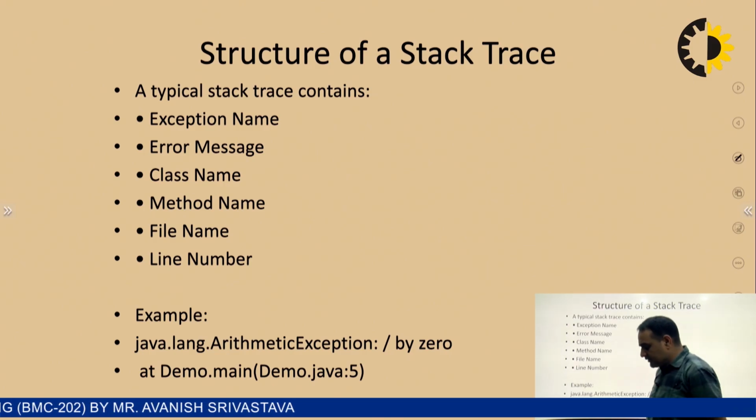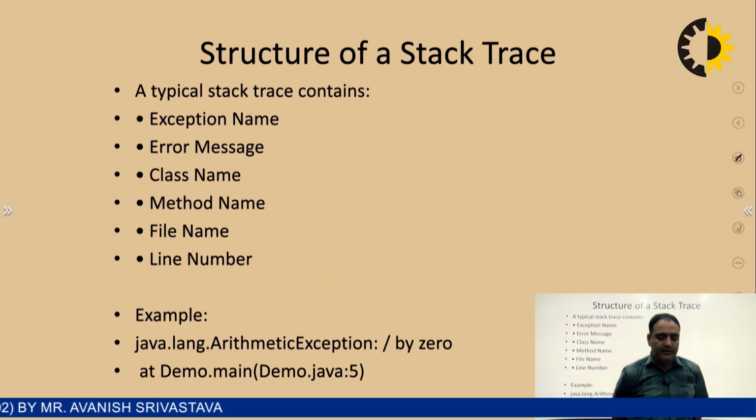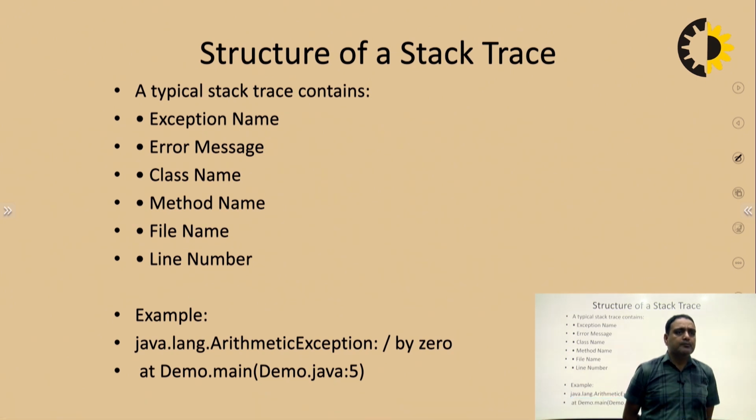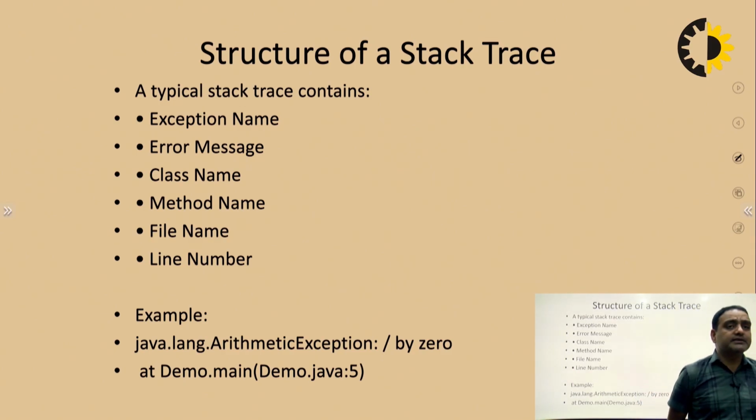I have already told you that if we are writing code by which we are dividing numbers, a by b, and if b is 0, then an exception occurs. So what type of exception? This exception name is ArithmeticException.